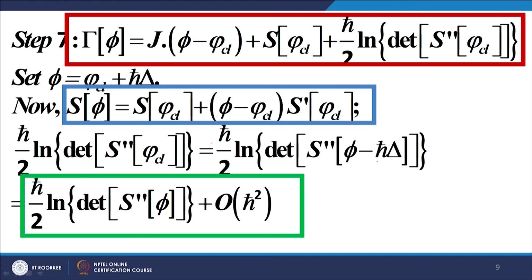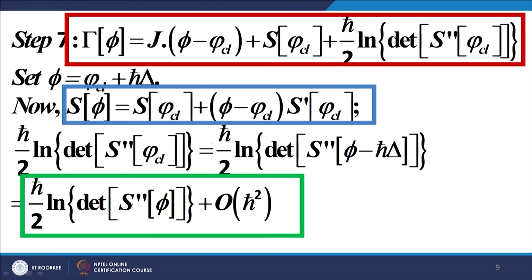Now, when you expand this determinant, keeping in view that you have a prefactor of h bar, if you want to retain terms only up to order h bar, you can retain only terms which are first order in phi, and you cannot retain any terms which have h bar in it in the determinant. Therefore you write this expression as, and this expression becomes equal to the expression that is given in the green box at the bottom of the slide.